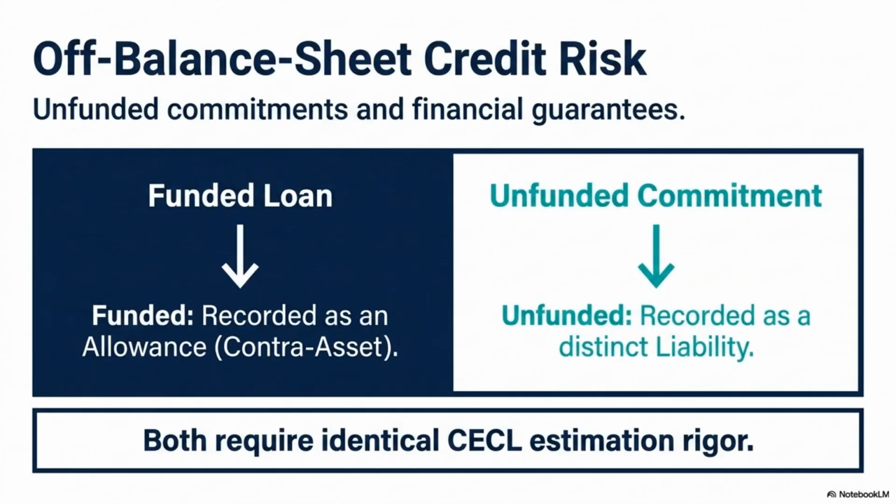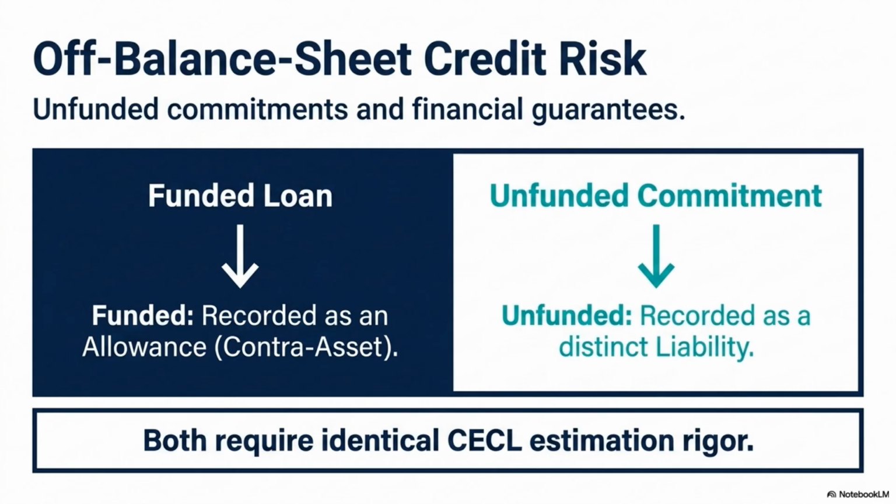After acquisition, any subsequent changes in expected credit losses flow through credit loss expense in the normal way. Off-balance sheet credit exposures also require a CECL assessment each reporting period. These include unfunded loan commitments, financial guarantees, and letters of credit that are not unconditionally cancelable. The key distinction from funded loans is where the expected loss is recorded. For a funded loan, the allowance is recorded as a contra asset.